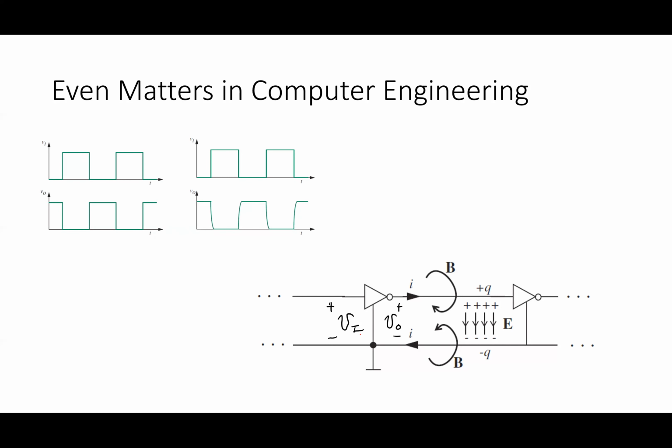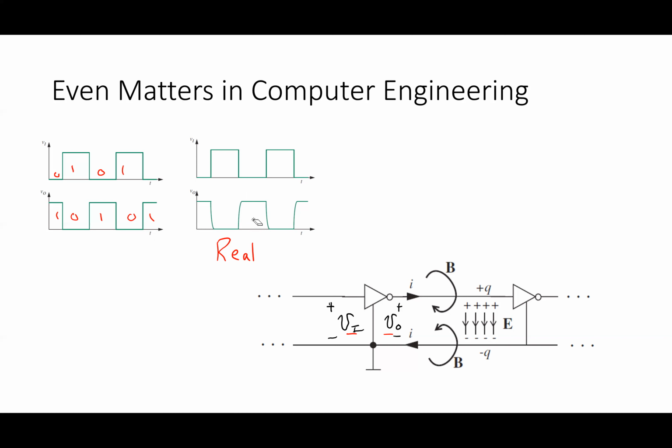Here's V sub I, here's V sub O. Ideally, if V sub I was 0, 1, 0, 1, I would get 1, 0, 1, 0, 1 like that. Now, this is what I get in the real world. When V sub I changes, V sub O has a response like this, kind of rounded off like that.